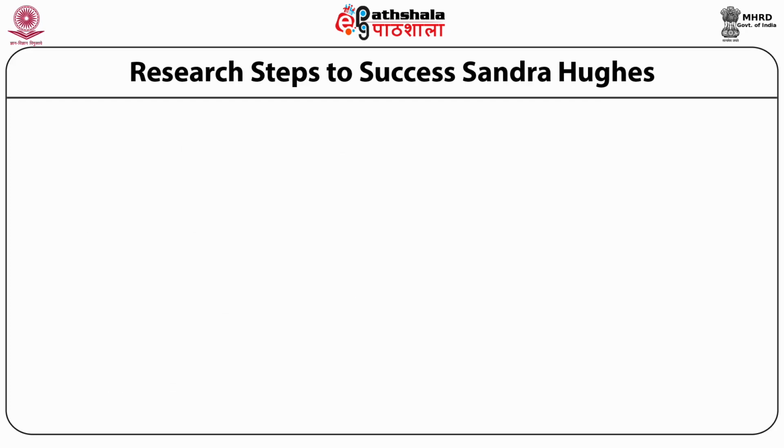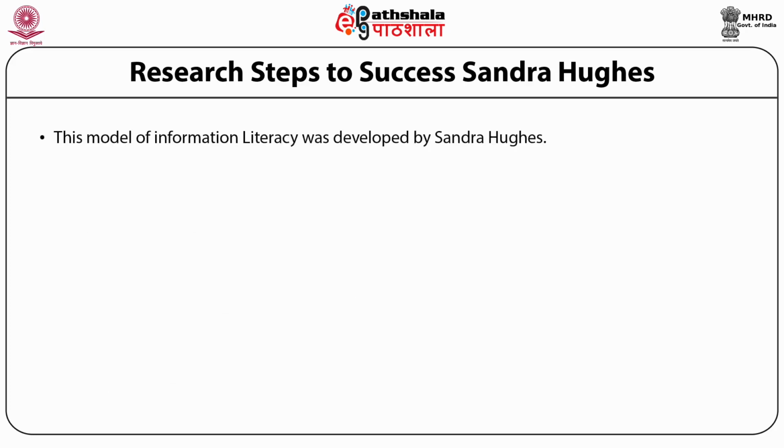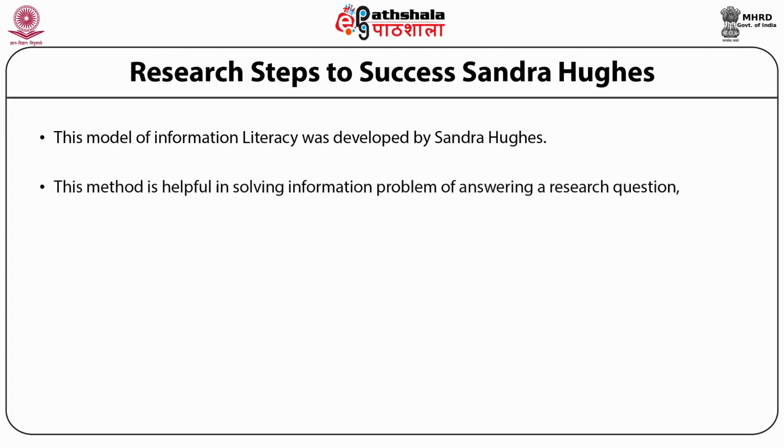Research steps to success. This model of information literacy was developed by Sandra Hughes, and this method is helpful in solving information problems or answering a research question. These methods flow in 4 steps.